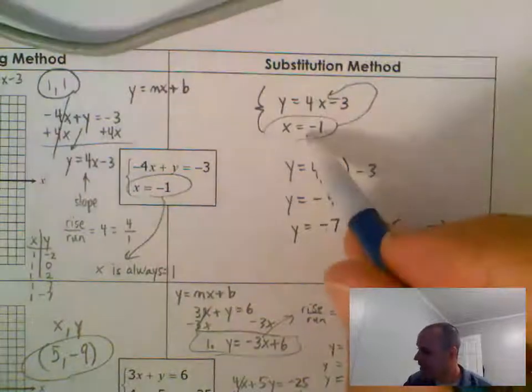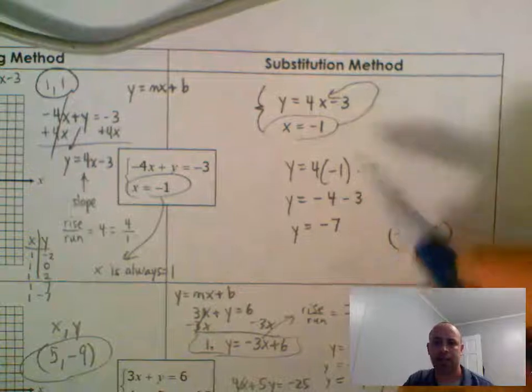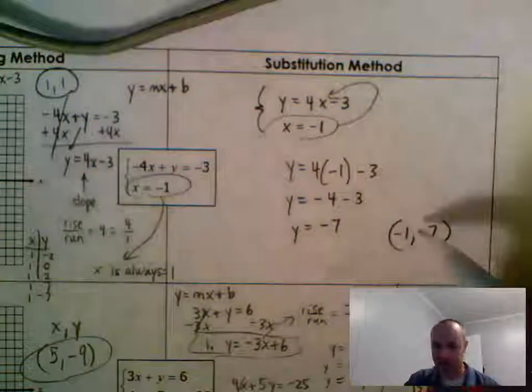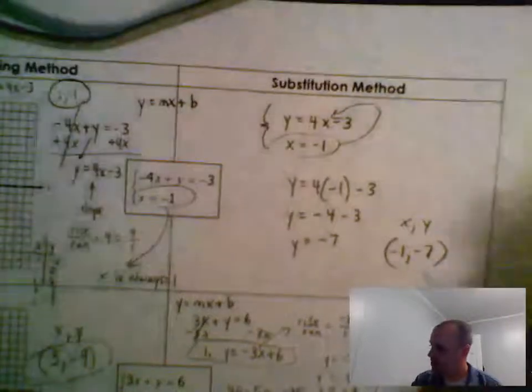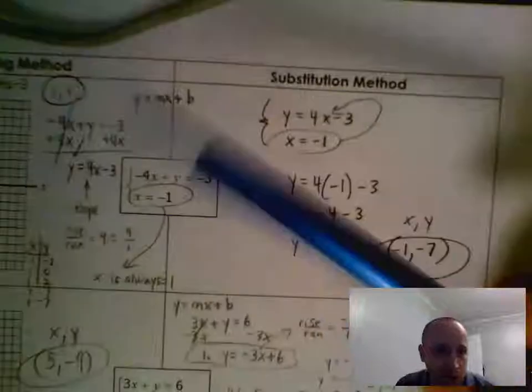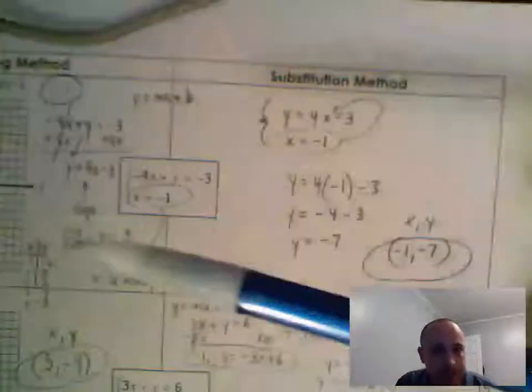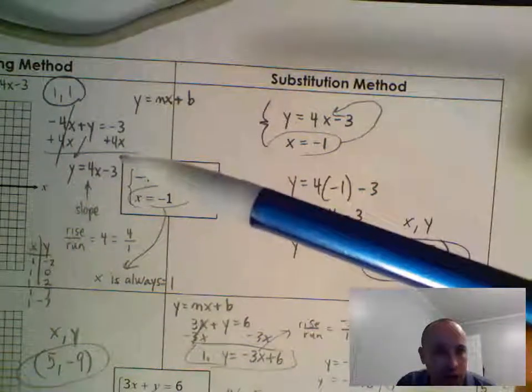Because that negative 1 was already kind of given to us for x, and when we plugged that in, we got negative 7. And then I'm like, oh, shoot, what did I do? Because I could see that this one didn't match up with the first one. So I knew I did something wrong. So it looks like I did something wrong on the first one. Let's just check real quick if we can see what I did wrong.